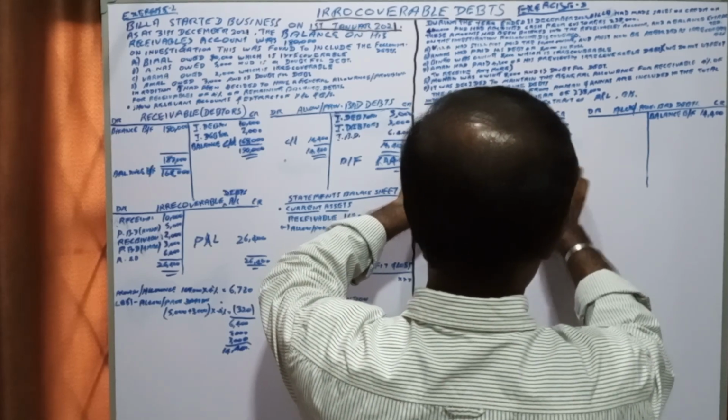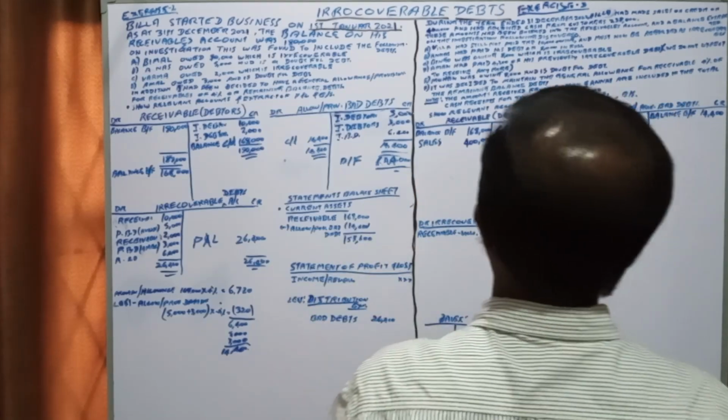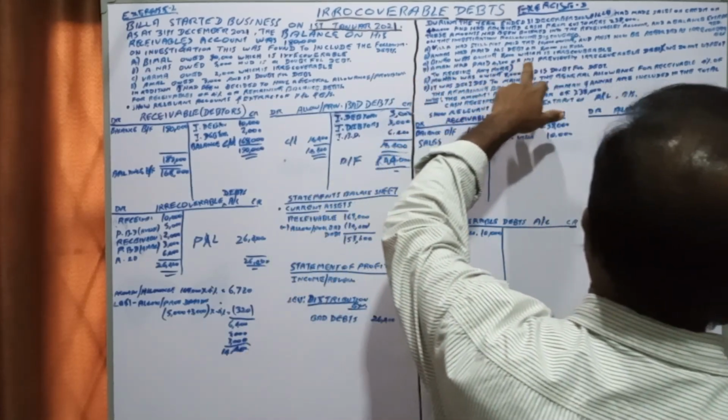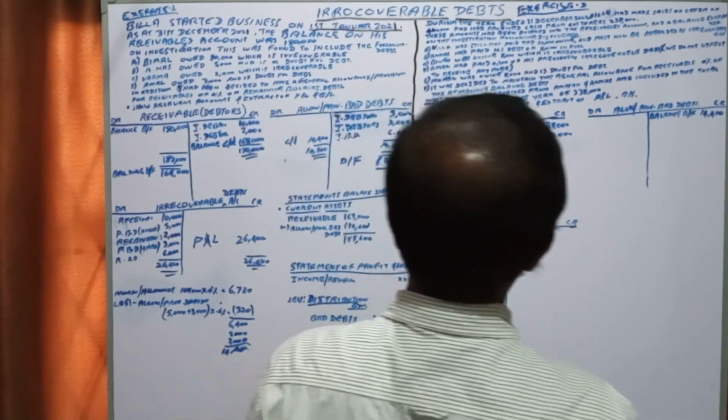That is the main thing. So Bingo was owing 8,000, which is irrecoverable.